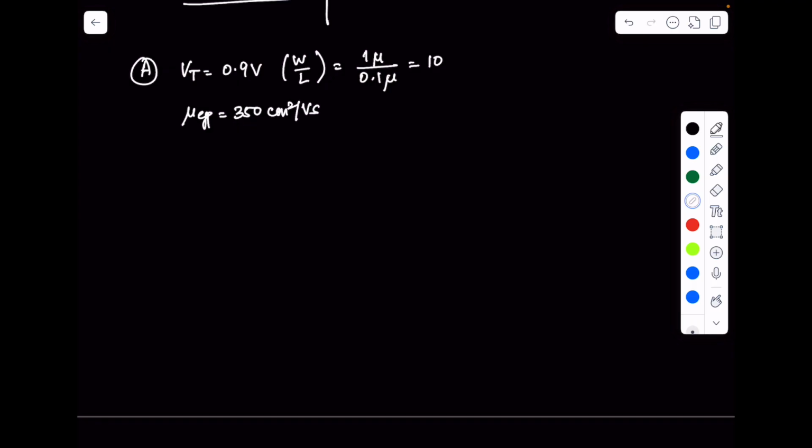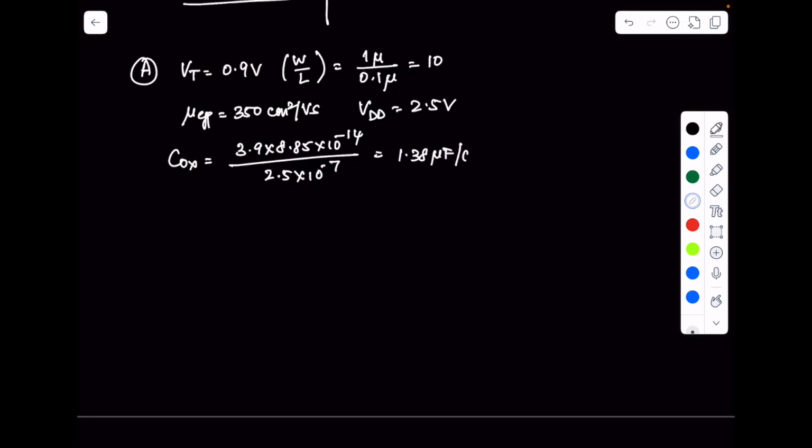You're given VDD is 2.5 volts. And Cox, you're given an oxide thickness of 2.5 nanometers. So Cox is 3.9 into 8.85 into 10 power minus 14 divided by 2.5 into 10 power minus 7. This works out to 1.38 microfarad per centimeter squared.